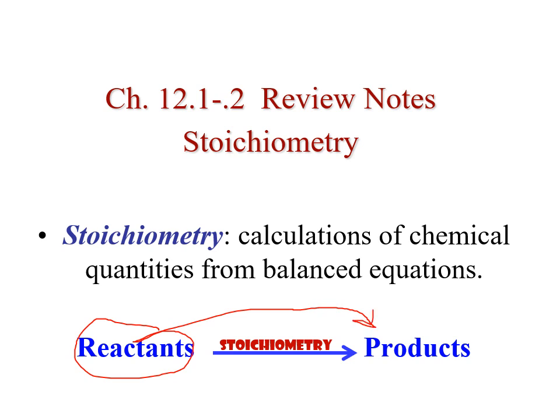We can say, I want to make this much product. How much reactant am I going to need? And this is done every day in chemical laboratories. They need to make a product. They need to figure out what ingredients they start with and how much. Or they have a certain amount of reactants and they wonder how much they're going to make. Just like that. So stoichiometry. Let's go to slide 2.